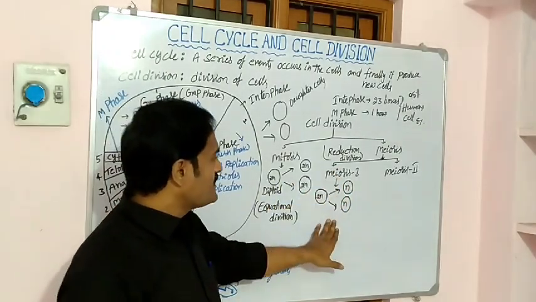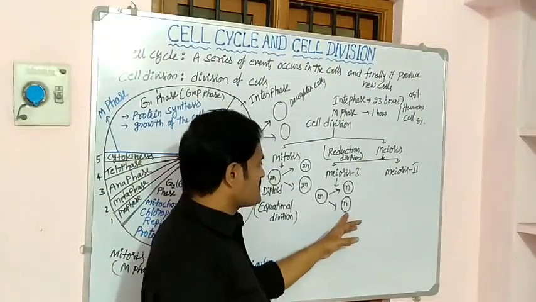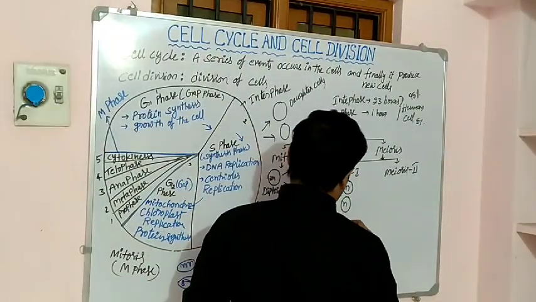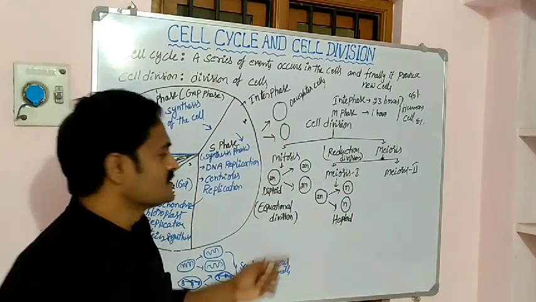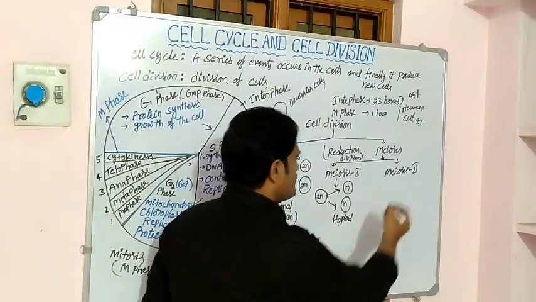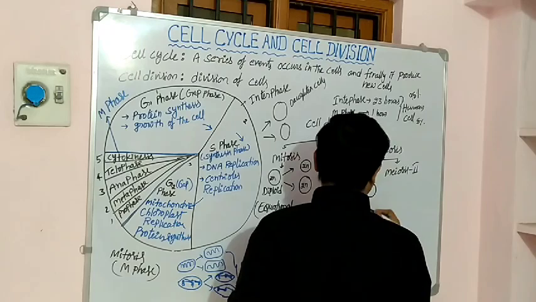Okay, after completion of meiosis 1, two haploid daughter cells will form. n means what? Haploid. Haploid means one set of chromosomes. These two haploid cells enter into meiosis 2.